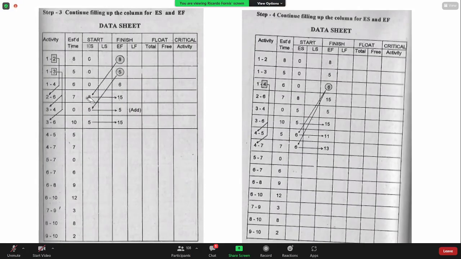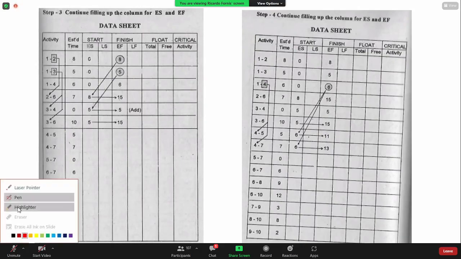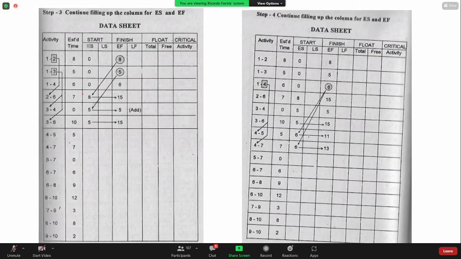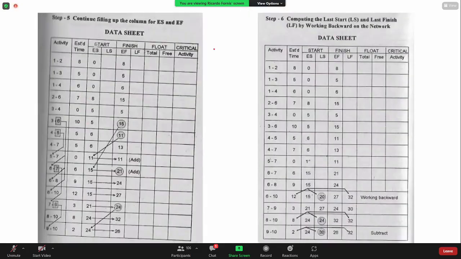So 8, then add the duration of 5, and you have 15. And so on, until you have filled up all the early starts and early finishes.